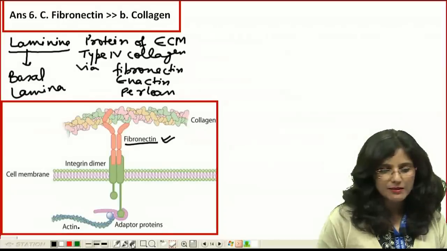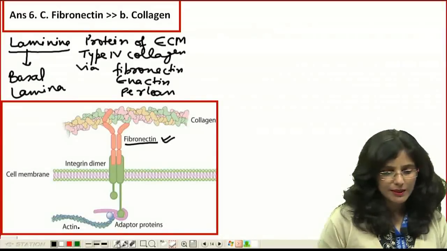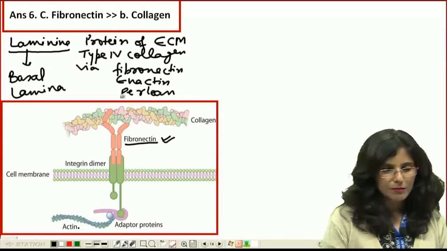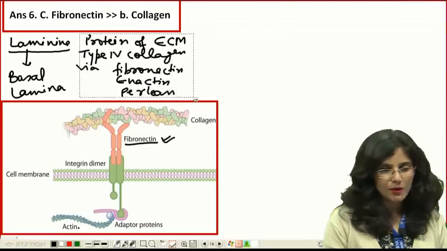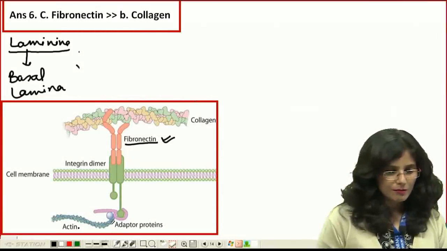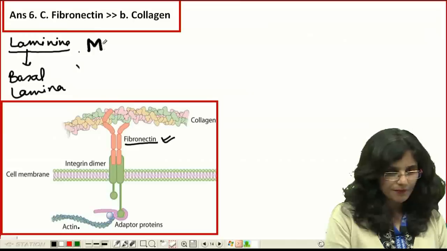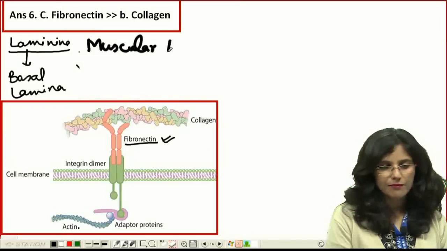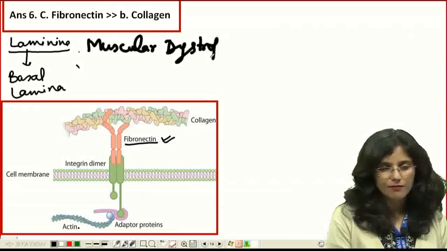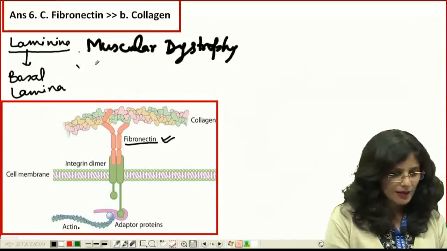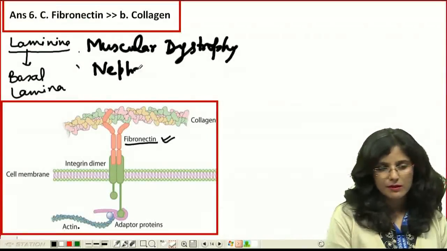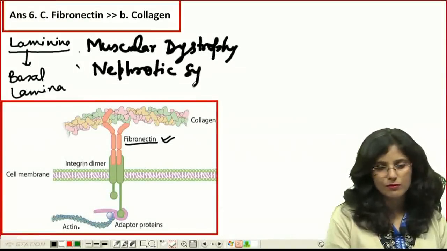And laminin has a very important role in muscular dystrophy as well as nephrotic syndrome.